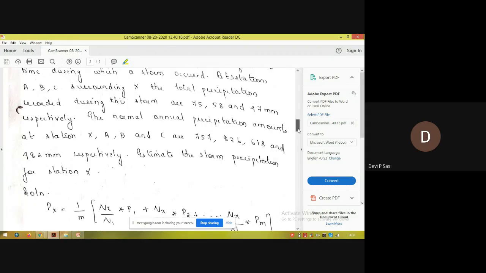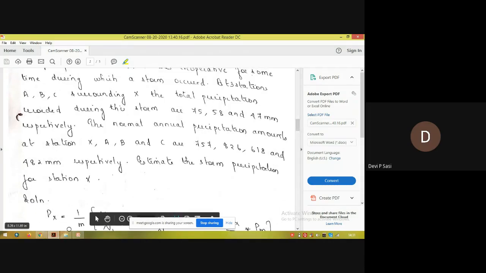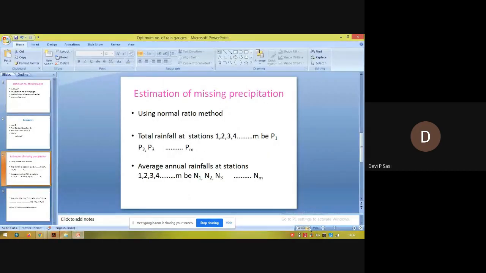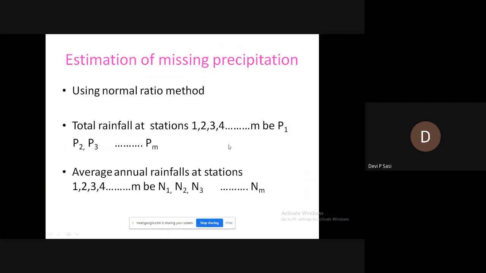Okay. So, normal annual precipitation is represented using N. So, you should be clear with these terms. So, ഒന്നുകൂടെ ശ്രദ്ധിക്കുക ഇവിടെ. Number of stations 1, 2, 3 up to M; P1, P2 up to PM is the total rainfall and N1, N2 up to NM is the average annual rainfall. Okay.